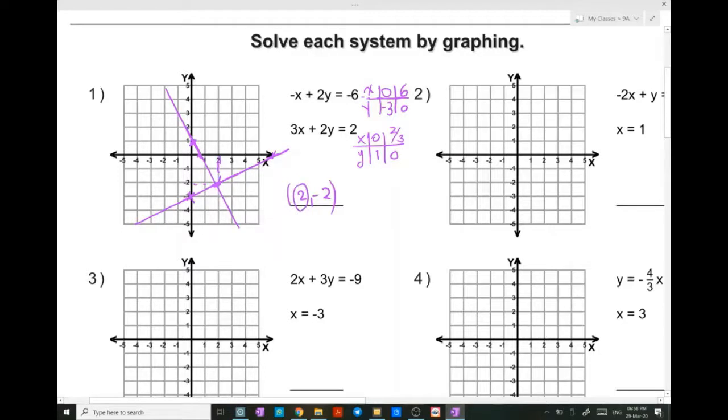When you replace x with 2 and y with minus 2, these two coordinates will satisfy both equations. This means that x equals 2 and y equals minus 2 satisfy both equations. So this is why x equals 2 and y equals minus 2 is called the solution of the system.